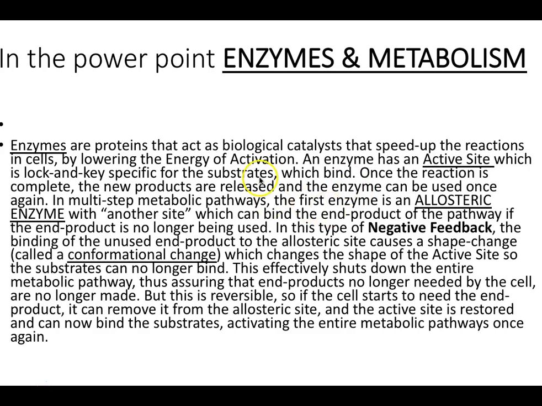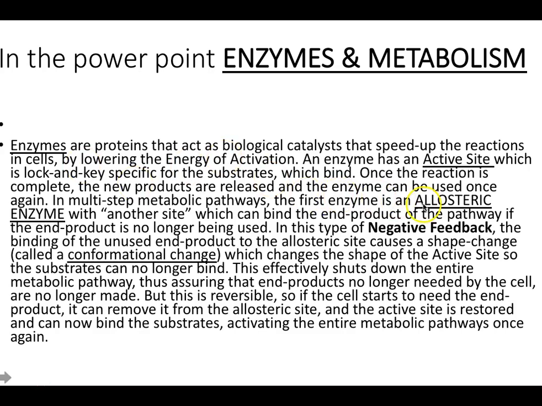So the first enzyme in a metabolic pathway, which could have 10, 15 steps to it, is the allosteric enzyme. Allosteric means other site. So you have your active site and you have another site that'll bind the end product of the pathway to turn the enzyme off.